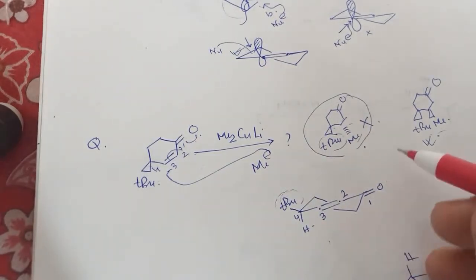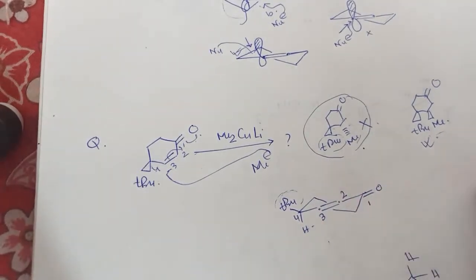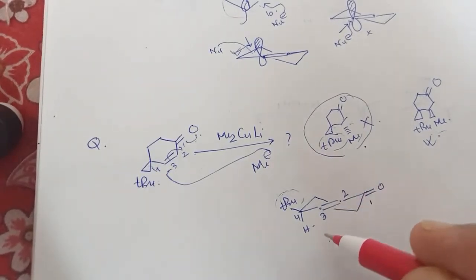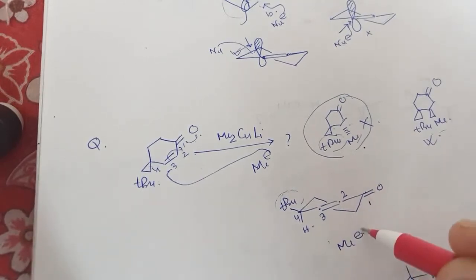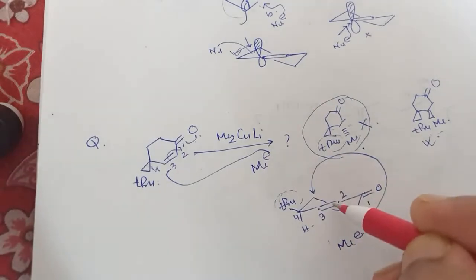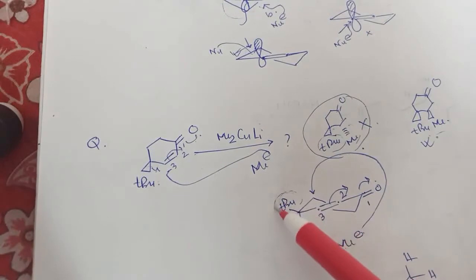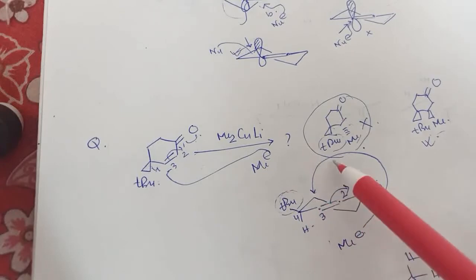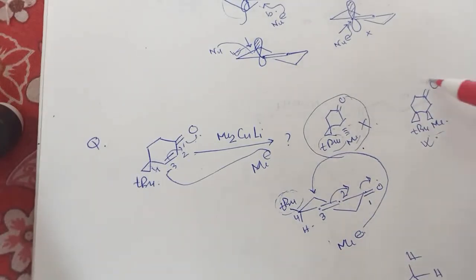You might be thinking why I am writing this type of conformation. You will understand later. So the nucleophile, that is methyl, will come and attack here. So you can see the stereochemistry. Here tertiary butyl is at the above position and methyl will also come from above. If it comes from above, it will go through the most stable TS, that is the chair TS. So the product obviously would be this.